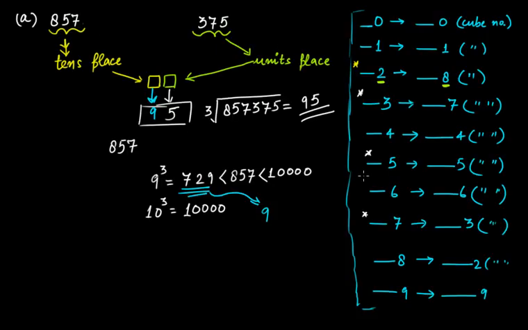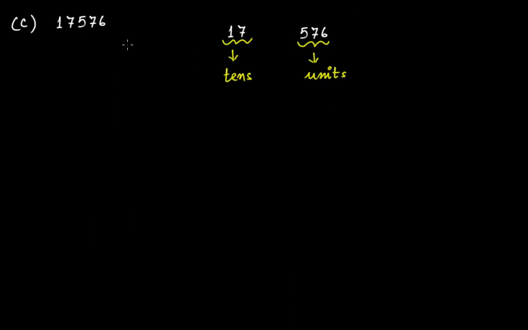This cube number ends in 6. It means that if your cube number ends in 6, then the cube root has to end in 6. So at the units place, you'll get 6. Now what about the tens place?